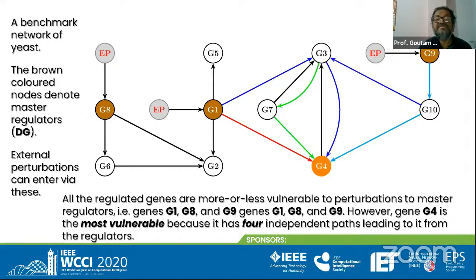It is the disturbance in G9 and G1 that has caused this disease. Correcting what is happening in G9 and G1 is one solution, but it is absolutely not possible.